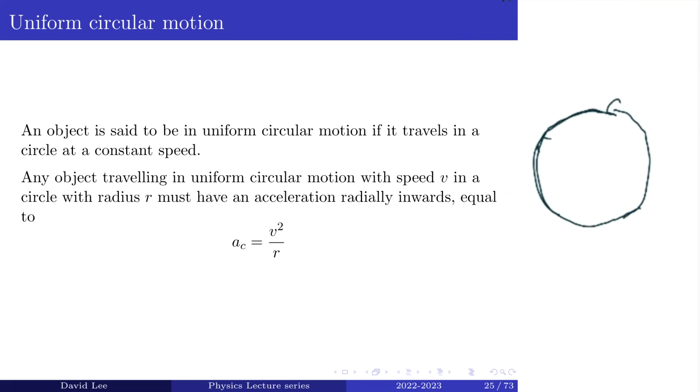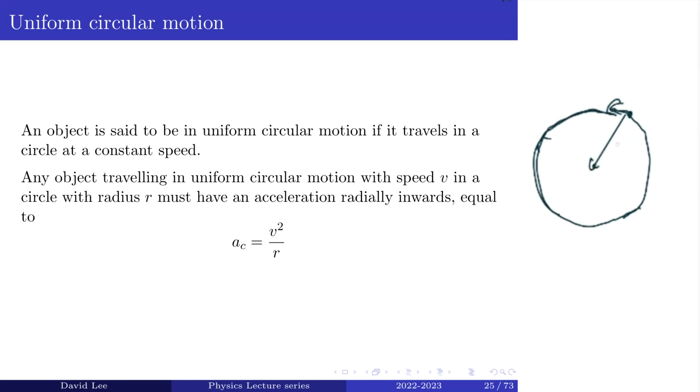Okay, so notice that the speed here is constant, but the velocity is not, because the velocity is constantly changing direction. And this means that there needs to be an acceleration. So if our object here is moving in a circle, in order to keep moving in a circle, it must be constantly accelerating radially inwards, which just means towards the center of the circle.